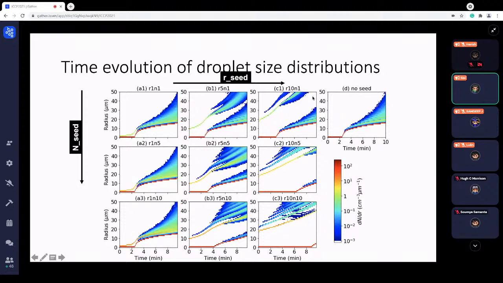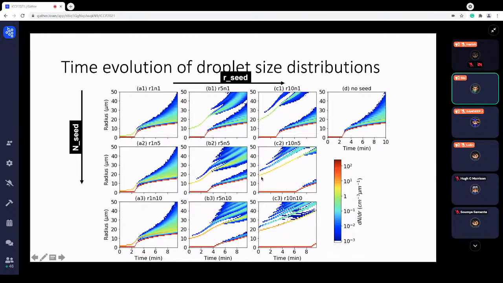This indicates that the solute effect still plays a key role after becoming droplets. Therefore, this has the implication that bin microphysics that ignores the solute effect after activation may underestimate the seeding effect from those giant particles.